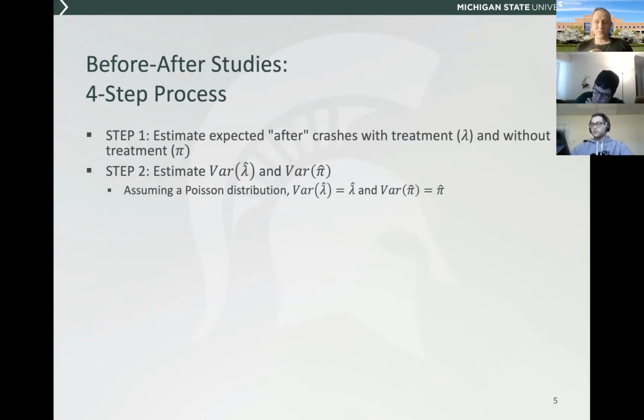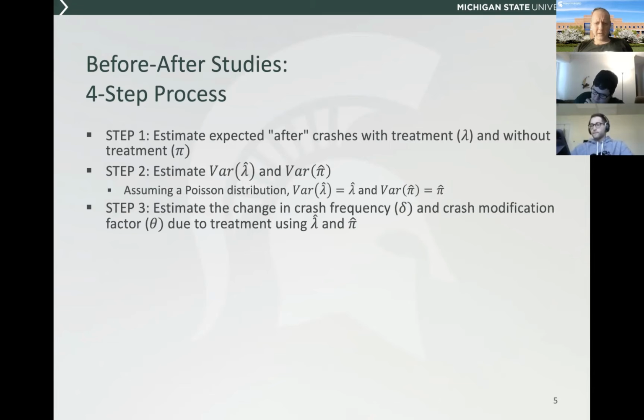And so that's also quite easy in concept because the variance is simply equal to the mean in the case of that distribution. And then we take that information collectively to estimate those two parameters that were introduced previously. So the change in frequency or the reduction in crashes, and then likewise that crash modification factor that's due to the implementation of the treatment, basically, okay?